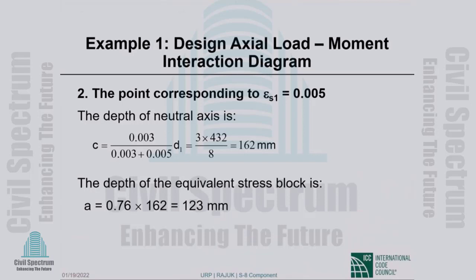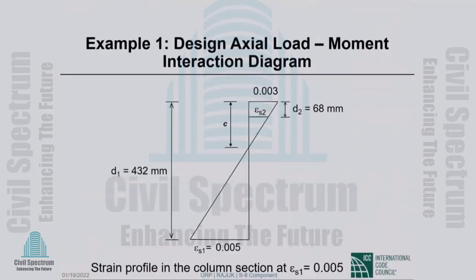The second point corresponds to strain in the bottom layer of reinforcement equal to 0.005. Yeah, 0.005. So if we have 0.003 at the top, we have a strain diagram, 0.003 at the top, 0.005 at the bottom.